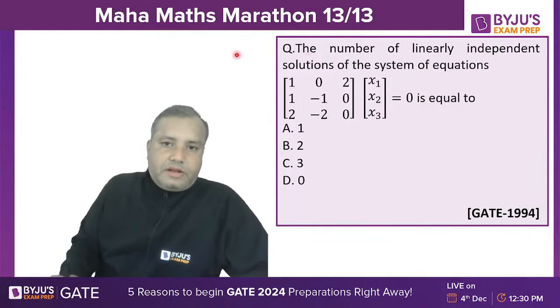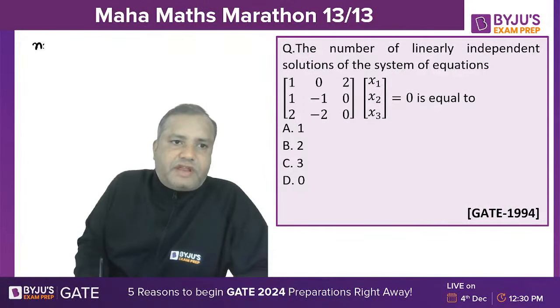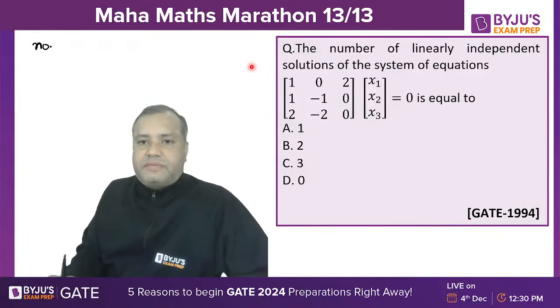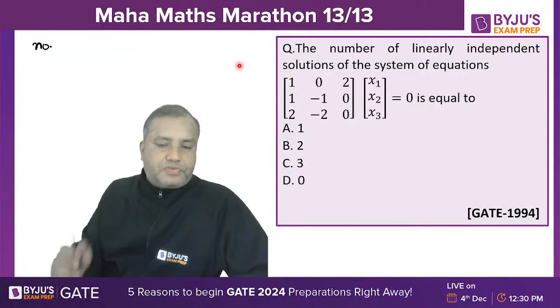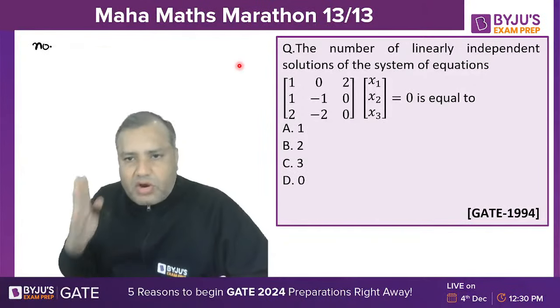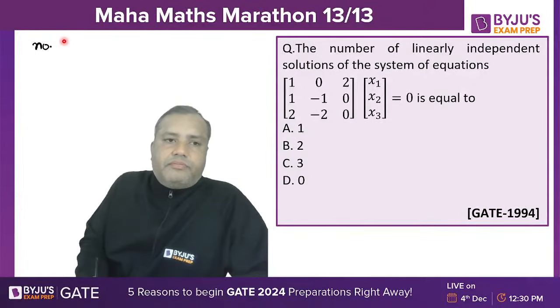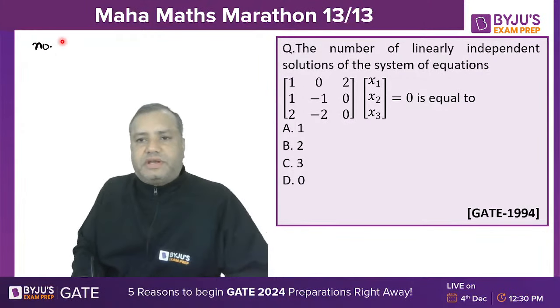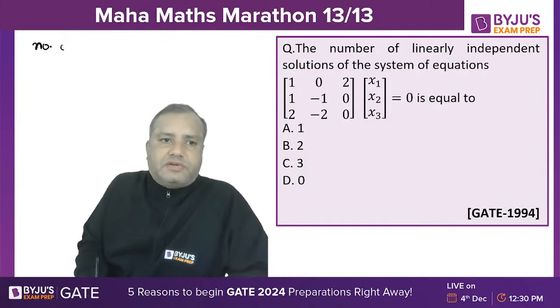See here, number of independent solutions. This one is very important. Whenever there is a homogeneous system having a non-trivial solution, frequently they ask one common question: number of linearly independent solutions.